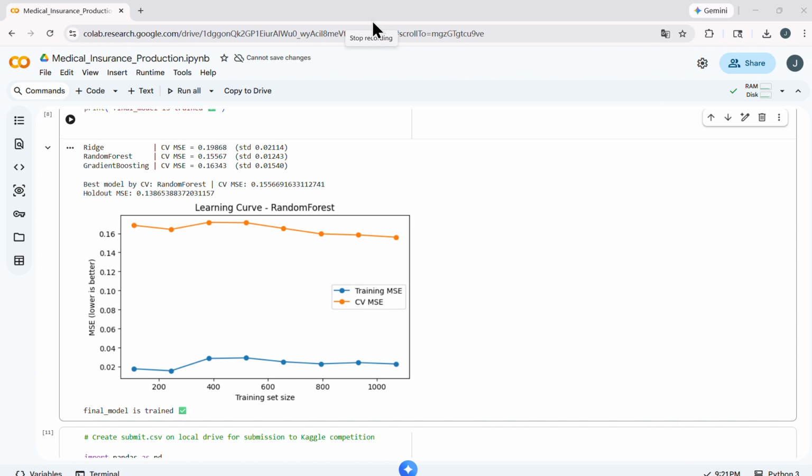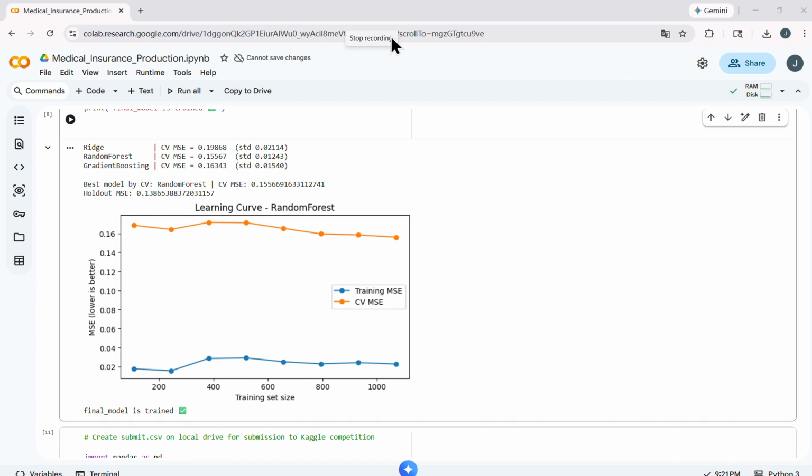preserving methodological integrity. To systematically improve predictive performance, I compared three models representing increasing expressive power: ridge regression, gradient boosting, and random forest. Ridge served as a linear baseline, while the ensemble methods captured nonlinear interactions between features such as smoker status and BMI.